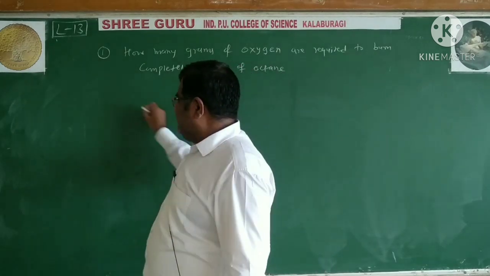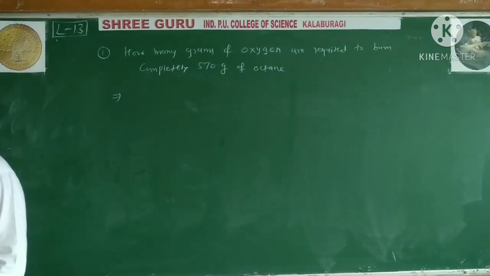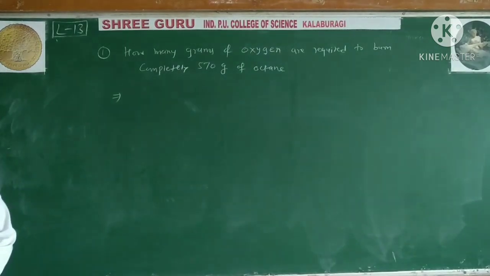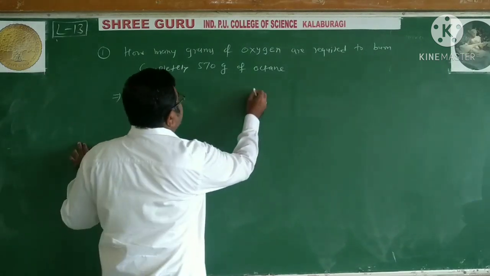So octane is a hydrocarbon. Octane is C8 and it is an alkane. So first we have to write the balanced equation. We are burning octane.